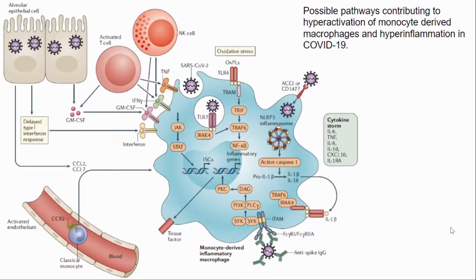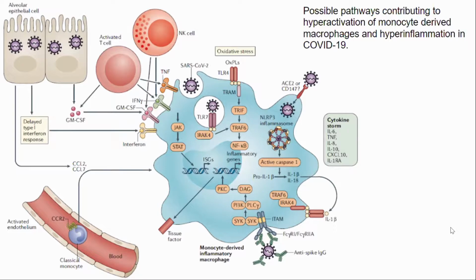receptors, and the virus can access the macrophage by using ACE2 or CD147, and it activates the NLRP3 inflammasome and can lead to the secretion of interleukin 1 beta and interleukin 18.